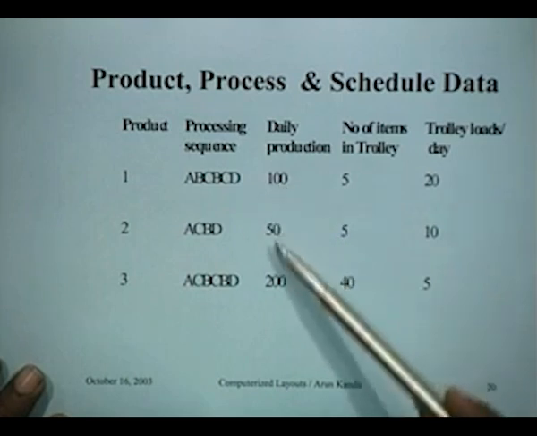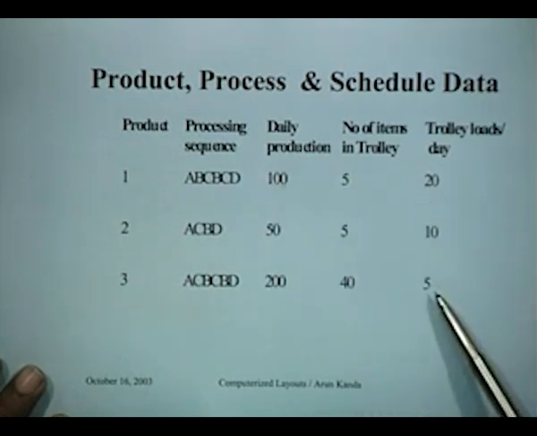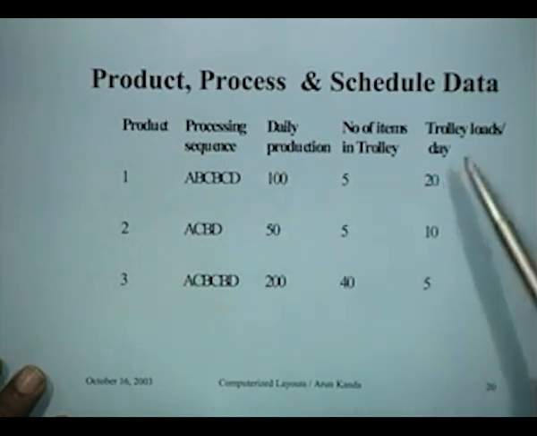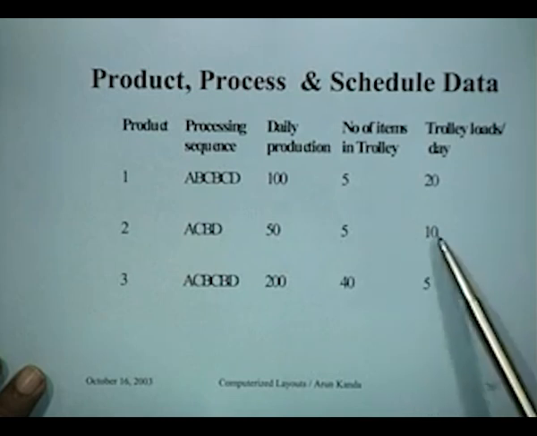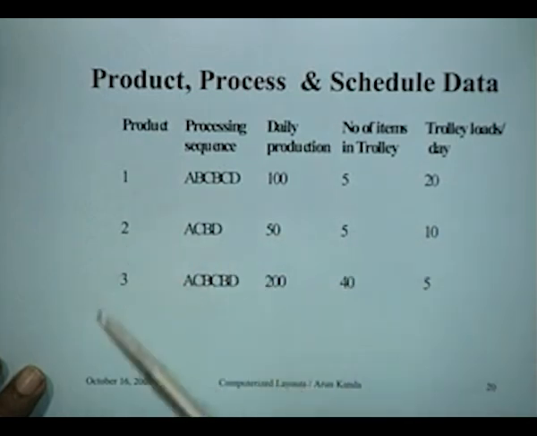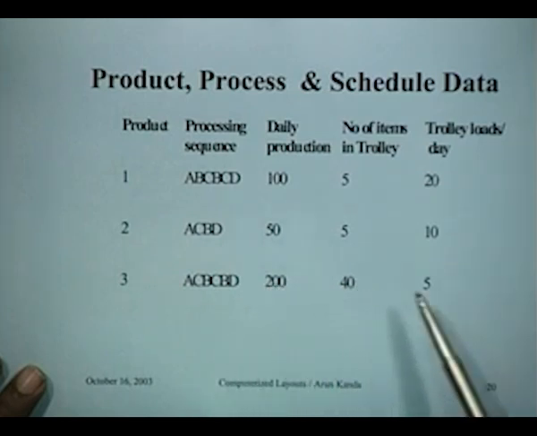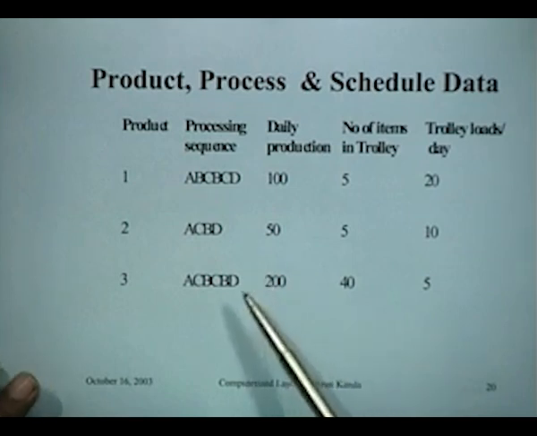So if this is the daily production, we can determine the number of trolley loads that we will see moving of these products in the factory. So 100 by 5 is 20 trolley loads per day moving of product 1, and 50 by 5, that is 10 trolley loads, moving of product 2, and 200 by 40, that is 5 trolley loads, only 5 trolley loads will be able to carry these items, because these are relatively small items.